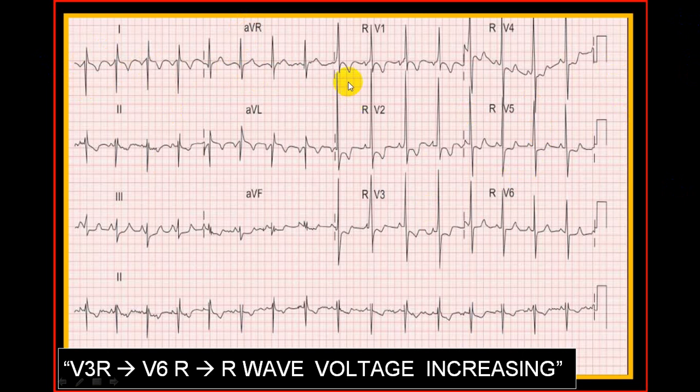And if you see here, V1, V2, V3, V4, V5, V6, R wave voltage is increasing. So these are right side leads. You can see R is written before V1. These are all right side leads. So V2 becomes RV1, V1 becomes RV2, then this is RV3, V4R, V5R, V6R.